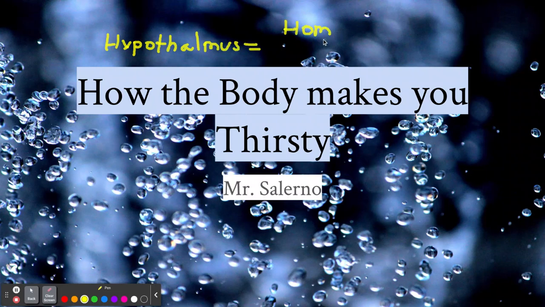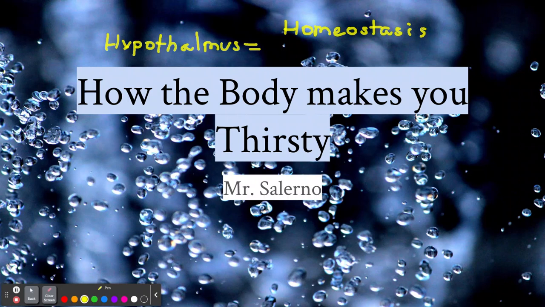So it's not just if you're thirsty. If you have a fever, for example, your body will make you sweat. If you're cold, the body will make you shiver. And when you're thirsty, your body has already triggered a response because you were dehydrated.